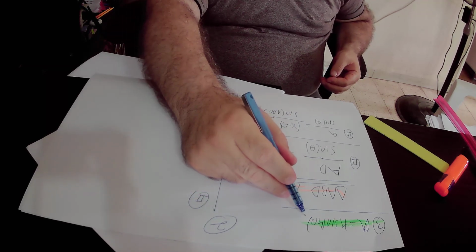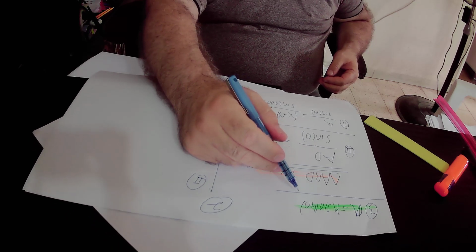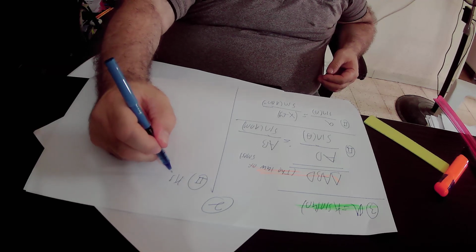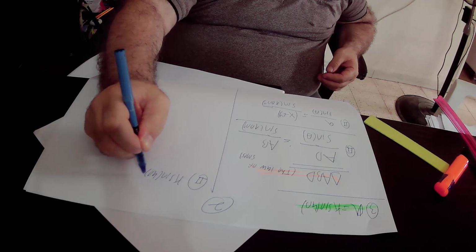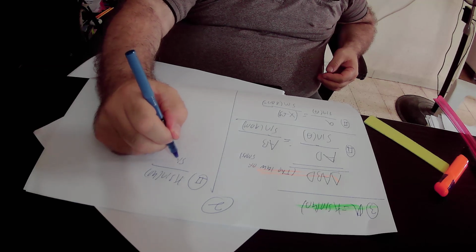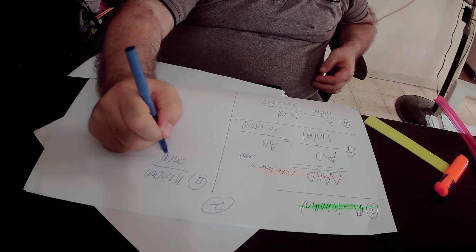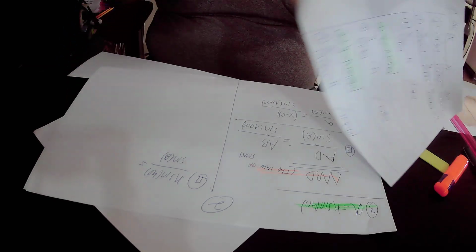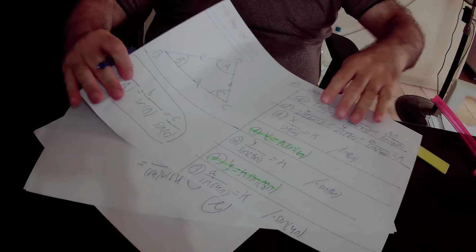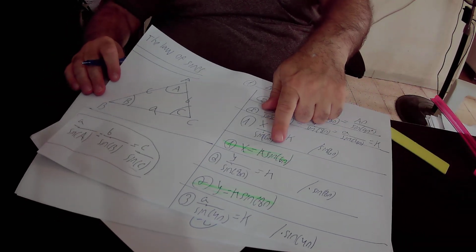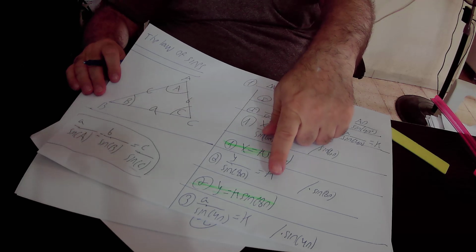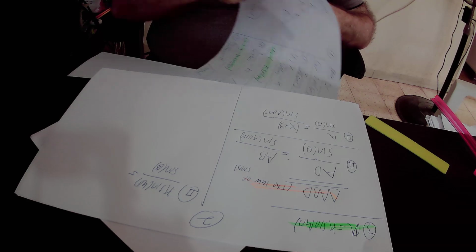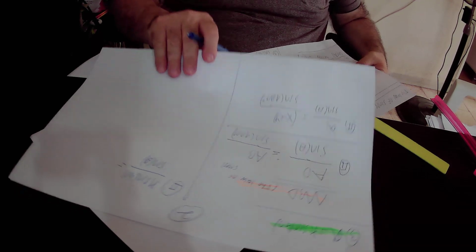Here we know that a equals k times sine 40 degrees, so we substitute a by k times sine 40 degrees over sine theta, and it is equal to x plus y. Here, as I already mentioned before, x equals k sine 60 degrees and y equals k sine 80 degrees. Therefore, we substitute x and y by the values that we found for them.